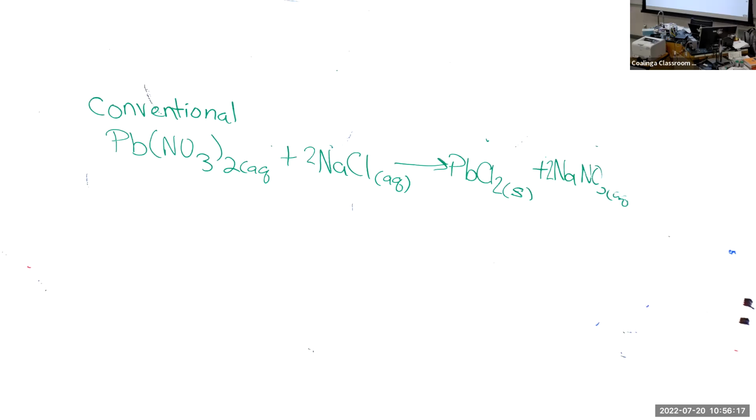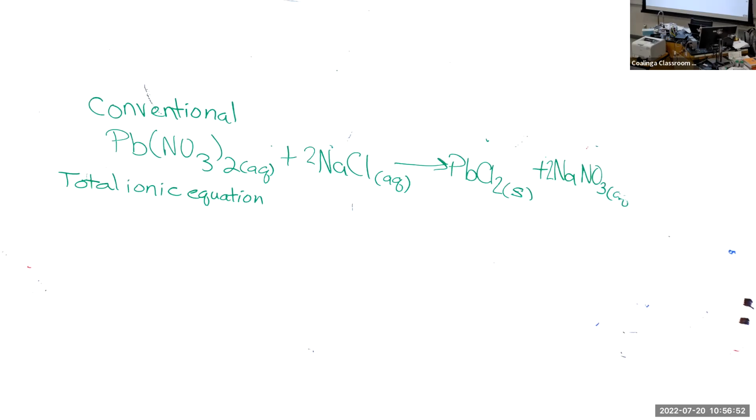Now, what's really happening is an ionic equation, a total ionic equation. In the case of the total ionic equation, we're going to dissociate the ions. So anything that says aqueous, it's going to dissociate.